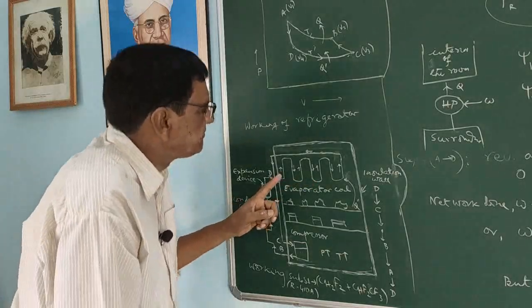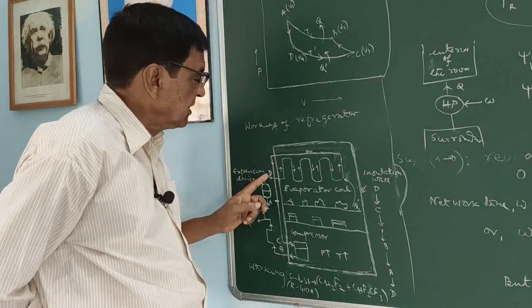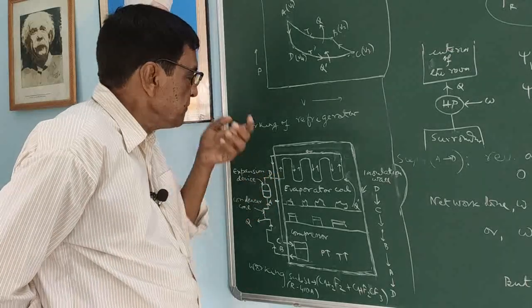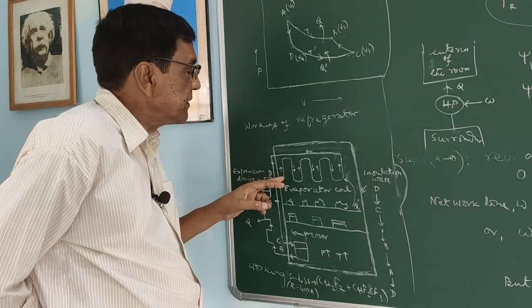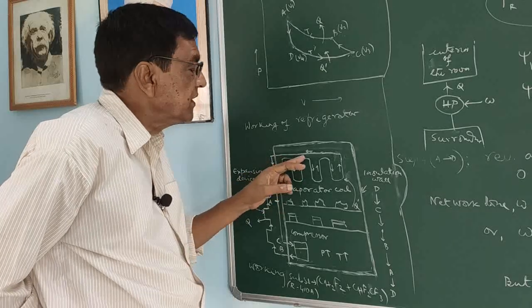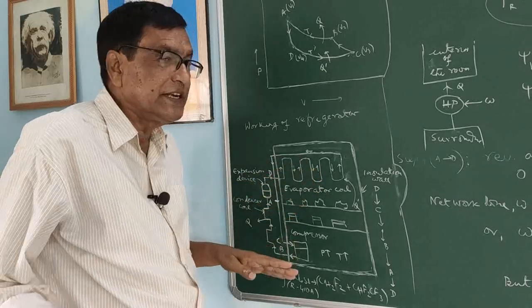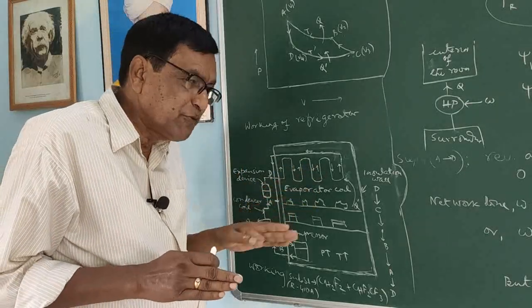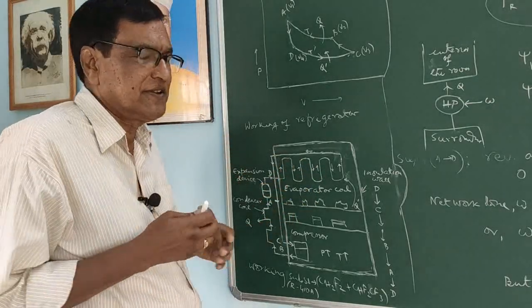So whenever the supercooled liquid passes through this coil, it gets evaporated at a constant temperature.